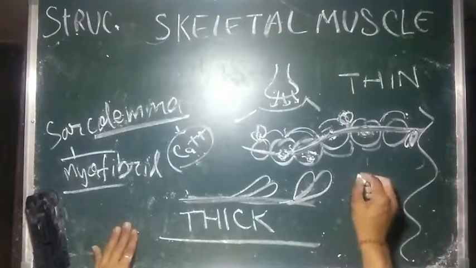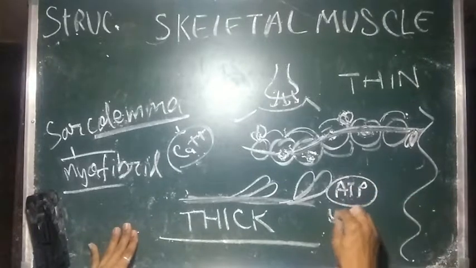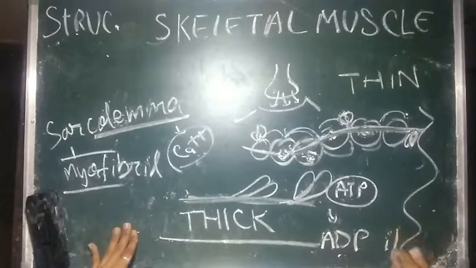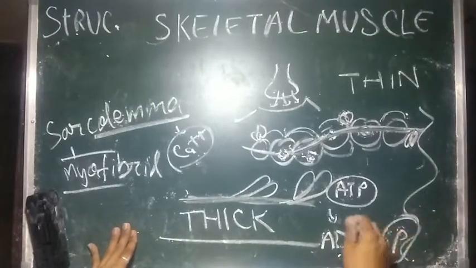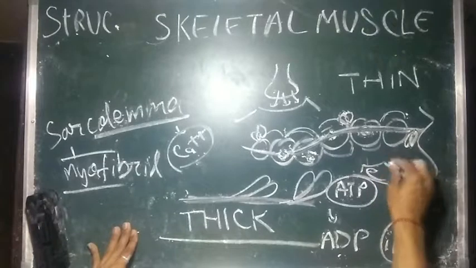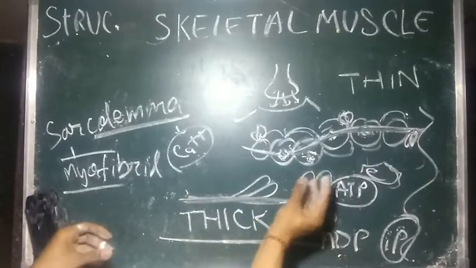And what happens is that ATP gets converted into ADP and inorganic phosphate, and energy is released. This energy helps the bending of the myosin head.